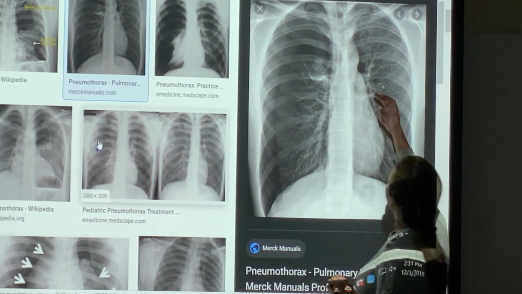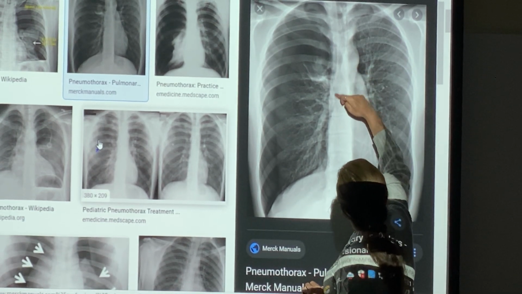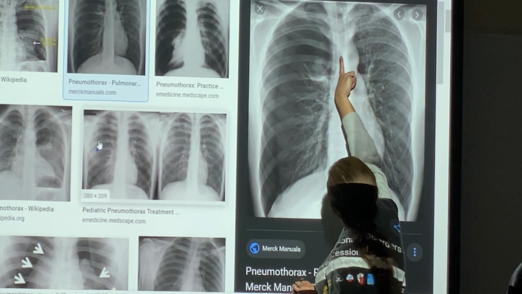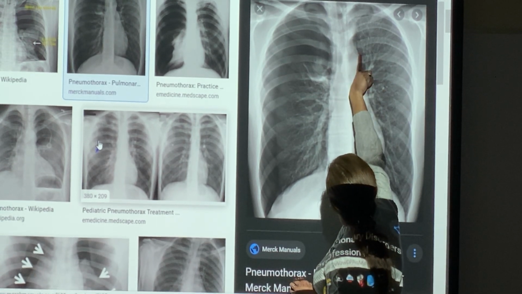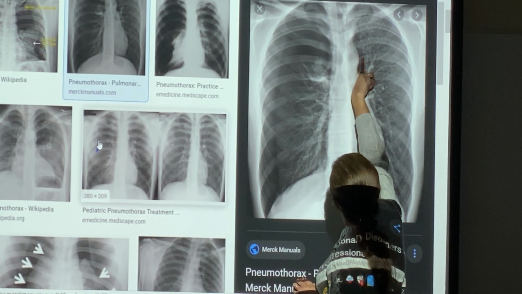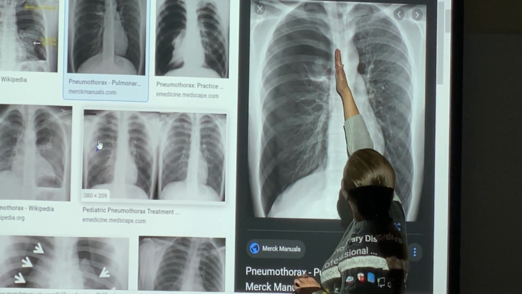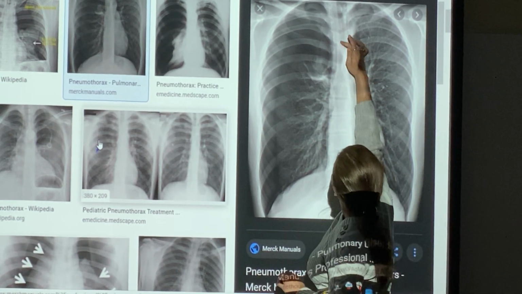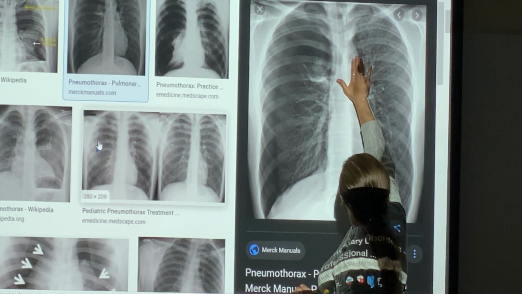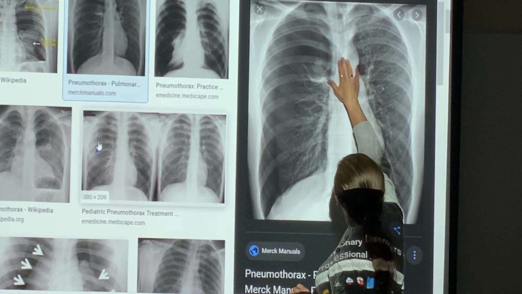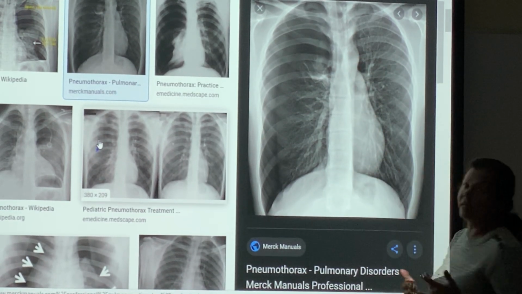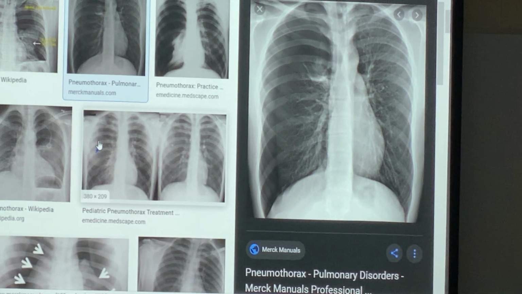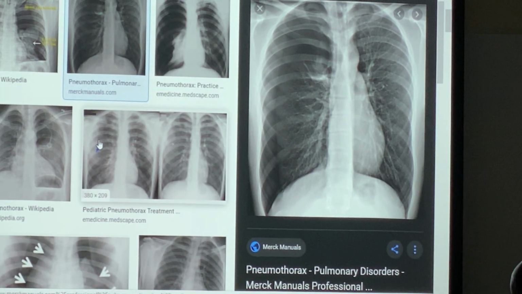Well, first of all, your right and left is here, but look at the aortic knob. It's deviated completely to the side. It's not midline. You have the vertebrae right here, and you have the upper portion of the mediastinum to the side. Most likely, it's not producing a hemodynamic change yet, but this is a tension pneumothorax.